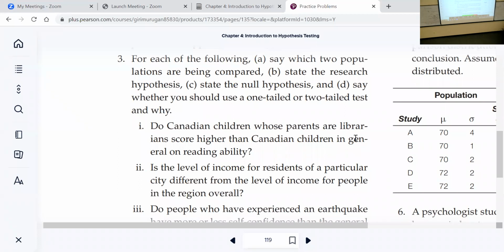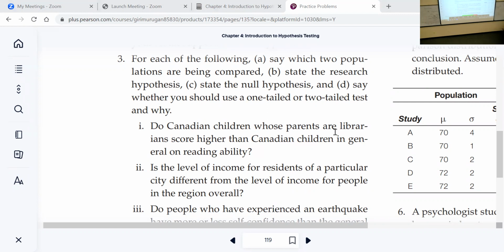There are 3 cases. Let's start with the first one. The 2 populations are Canadian children whose parents are librarians, and then just Canadian children in general. Do we agree? Yes.